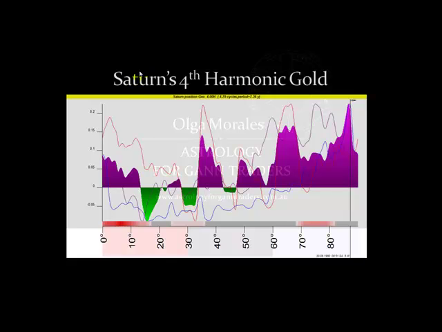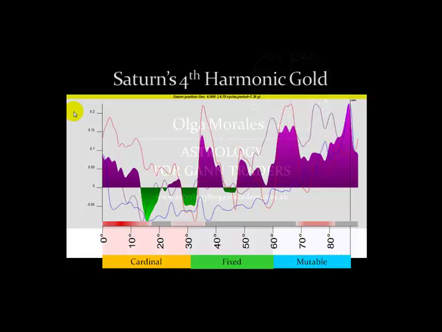So basically what this shows is 4 overlapping periods of 7 years on against gold, and then you can see the degrees. The first 30 is cardinal, the next 30 is fixed, and the next 30 is mutable. And basically what it shows is that gold peaks when Saturn is in the late mutable signs in this area here, okay, for the data that I had.